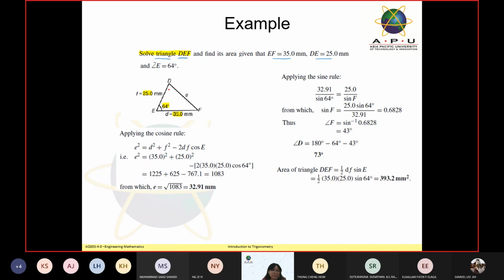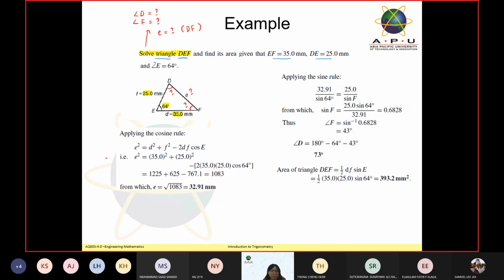Since you don't have the other two angles, you need to solve them. The requirement is to get the angle for D and the angle for F. Then there is one more side, so you need to find the length of side E, or we can say DF. Okay, the length of DF.